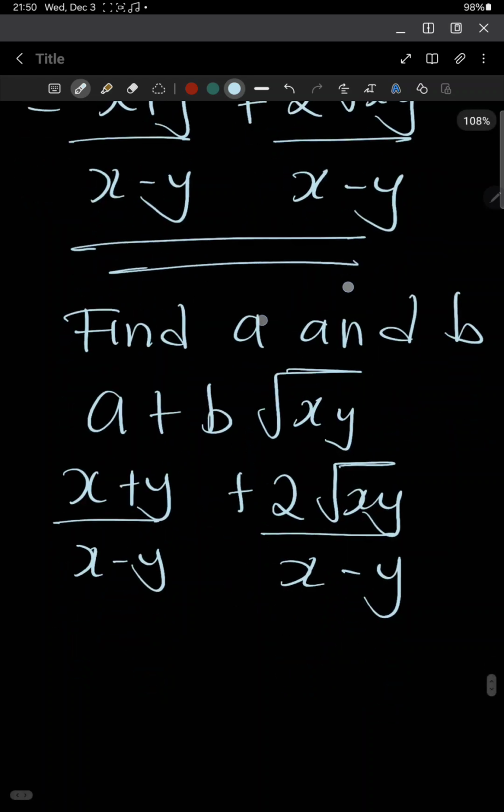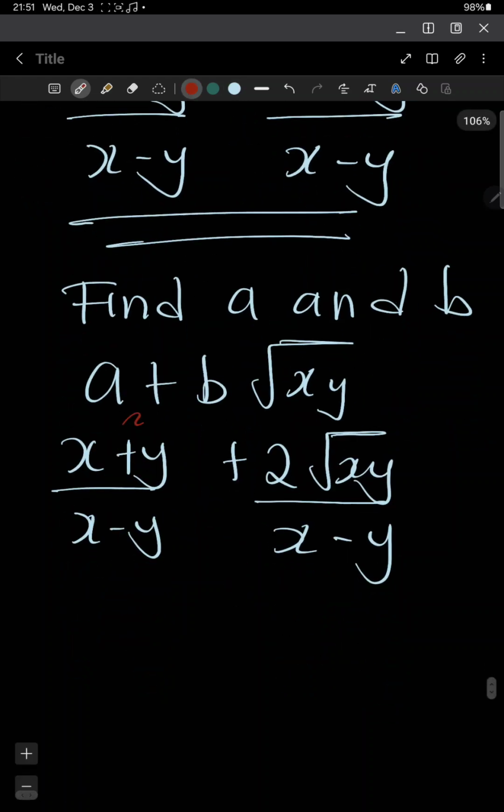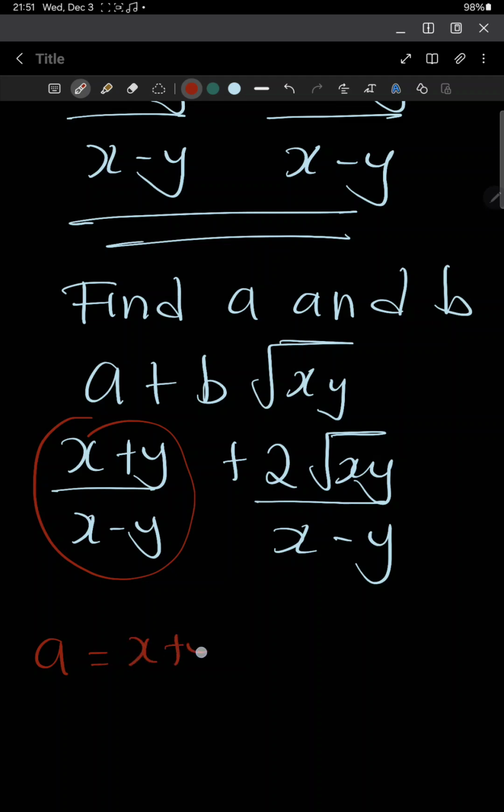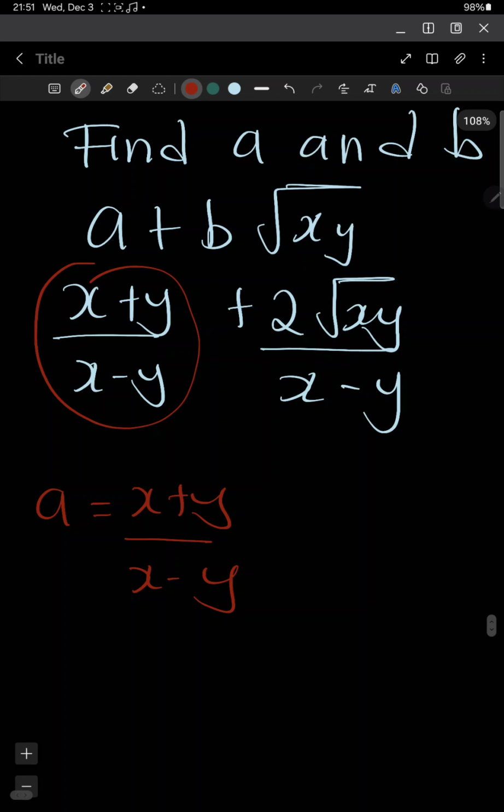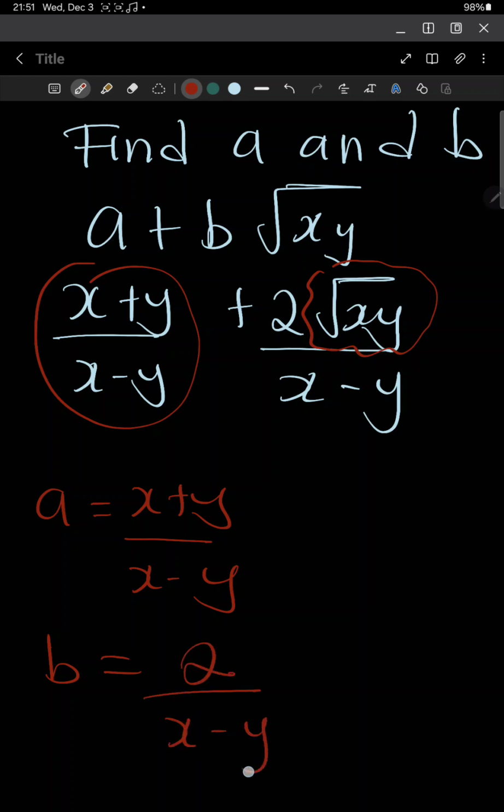This part, take note, represents our A. So our A is x plus y over x minus y. What about our B? Forget about this, just get the coefficient of this. So it will be 2 divided by x minus y.